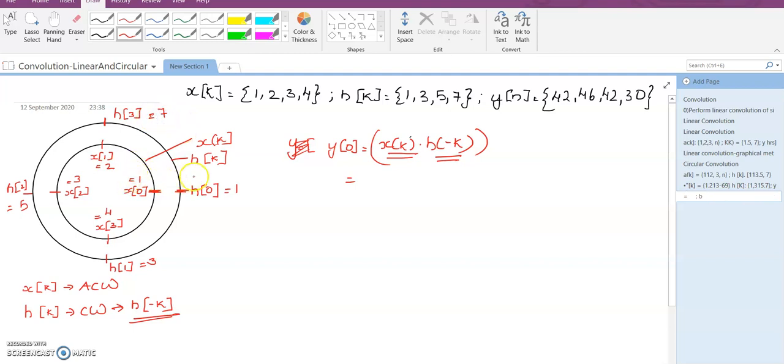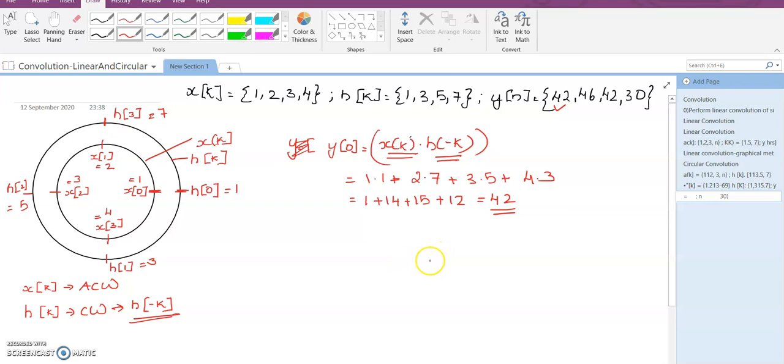So when we multiply element by element, it becomes 1 times 1, then 2 times 7, then 3 times 5 plus 4 times 3, which makes it 1 plus 14 plus 15 plus 12. So it becomes 15, and 15 plus 15 is 30, and 30 plus 12 is 42, which is the first term here.